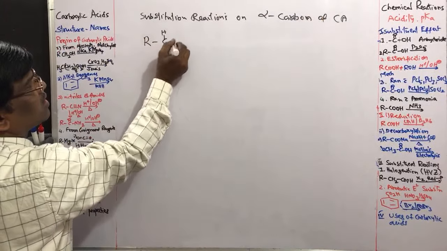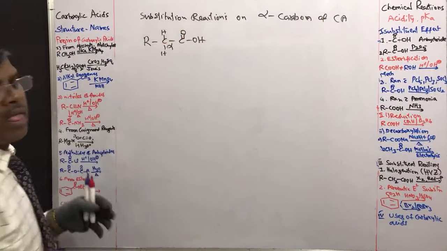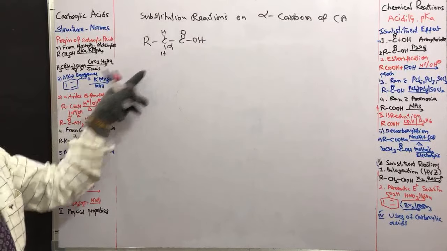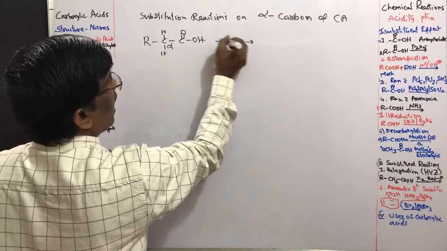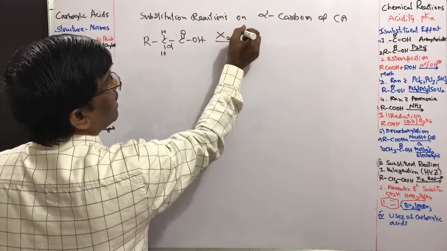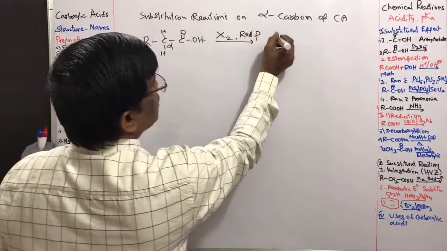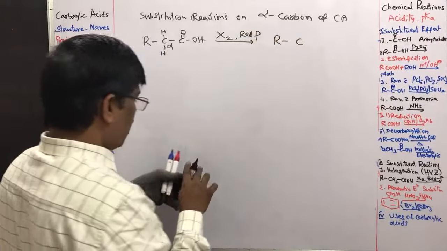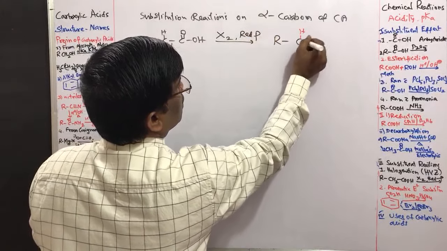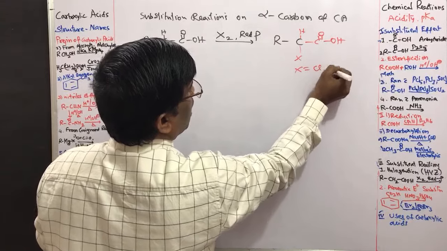R CH2, and this is the alpha carbon, and this alpha carbon hydrogen will be substituted in the presence of halogen. Let us write chlorine or bromine with red phosphorus. Using red phosphorus, it is going to give alpha halo carboxylic acid. So X can be chlorine or bromine.